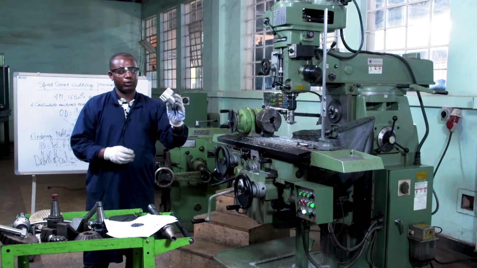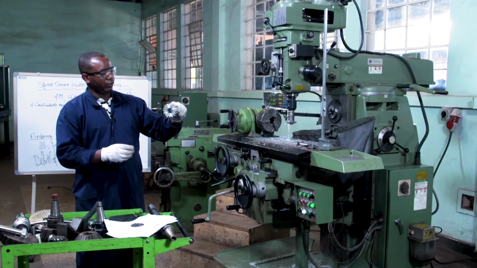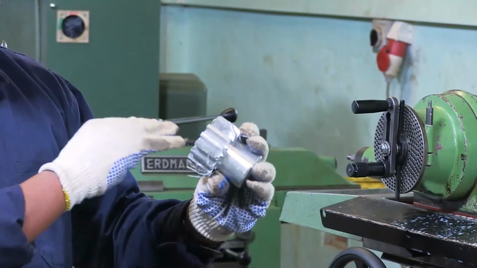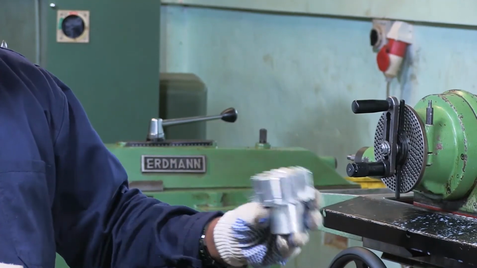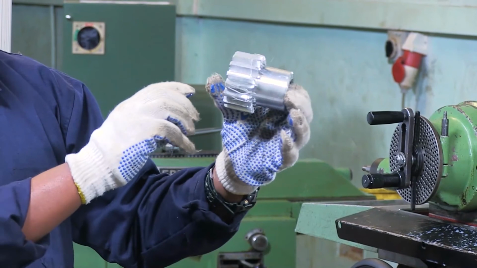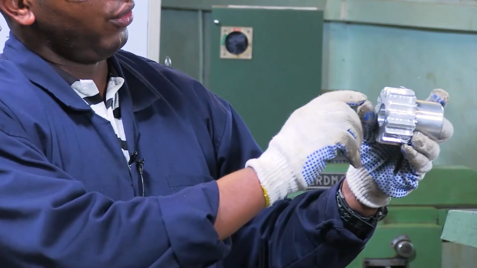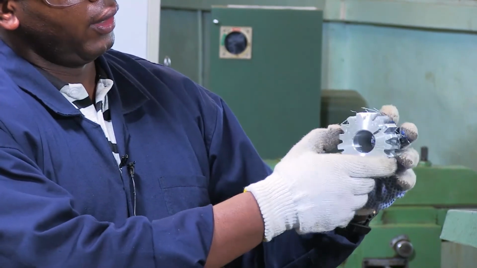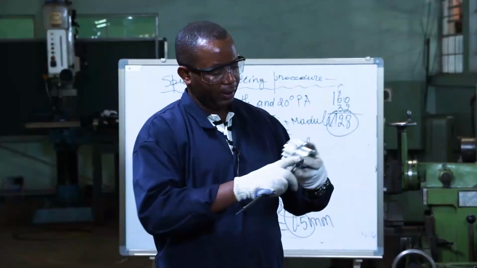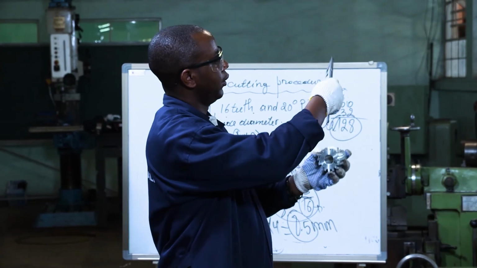So this is a spur gear. It has been produced while you were seeing me producing. We have 16 teeth, the module is 4, and also the depth of cut is 8.5, as we have calculated.